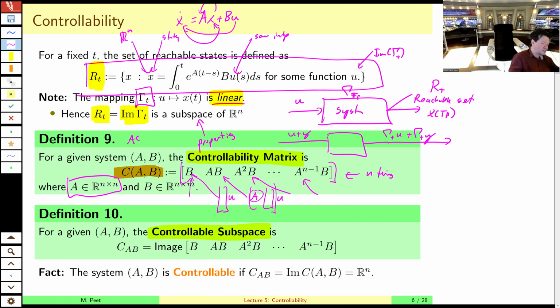And then, the key question: why did you stop mixing at n minus 1? What happens if you mix it a little bit more? Well, we'll talk about that in the next slide. But anyway, this is the definition of the controllability matrix. It's an intermediate matrix defined by the system representation matrices.